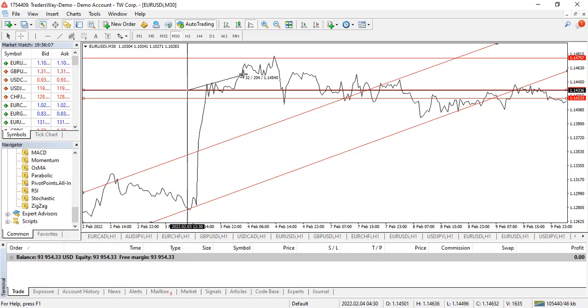If I'm targeting 1:3, I will be risking 10 pips to earn 30 pips, so my take profit will be somewhere here. If I'm targeting 1:4, I'll be targeting 40 pips.